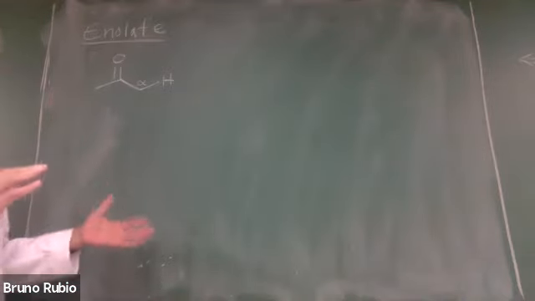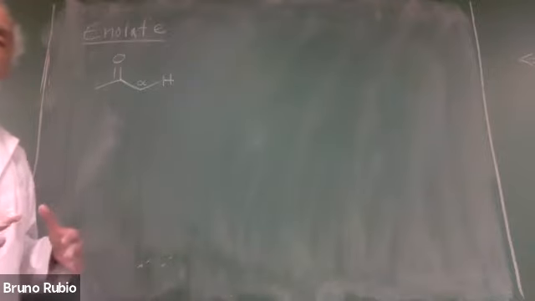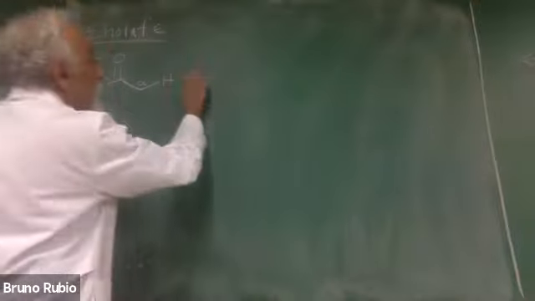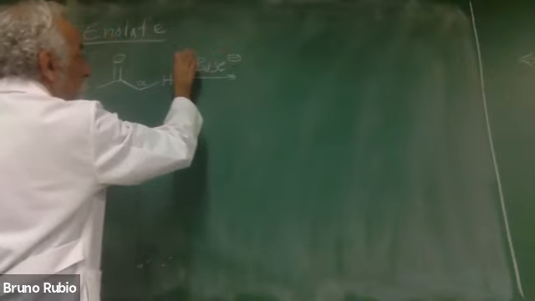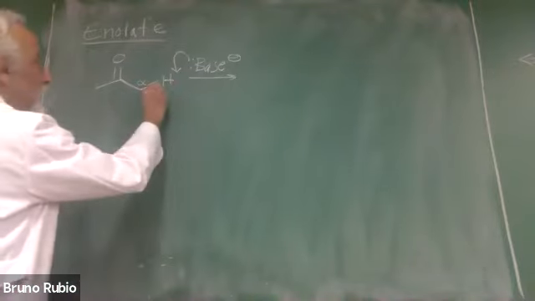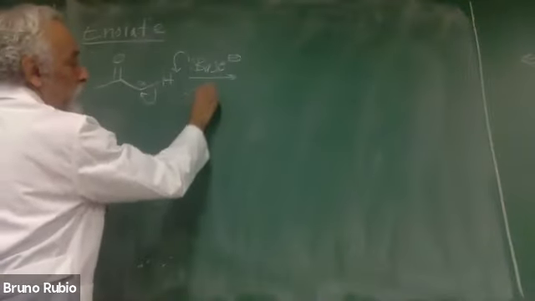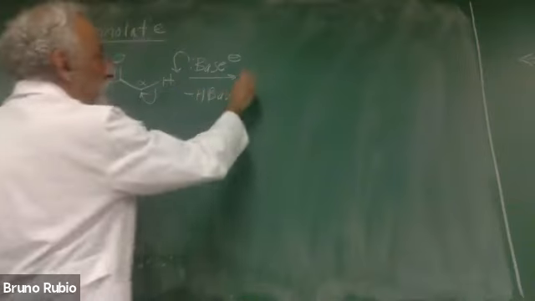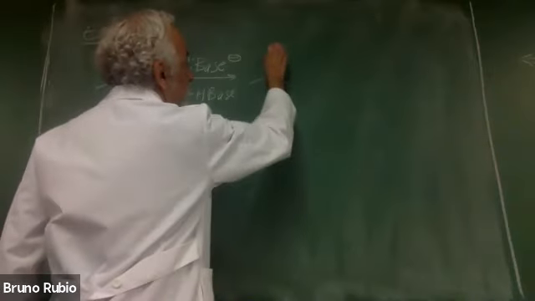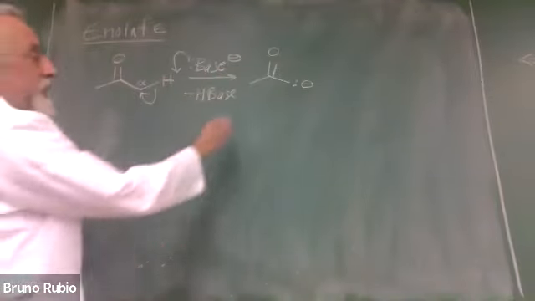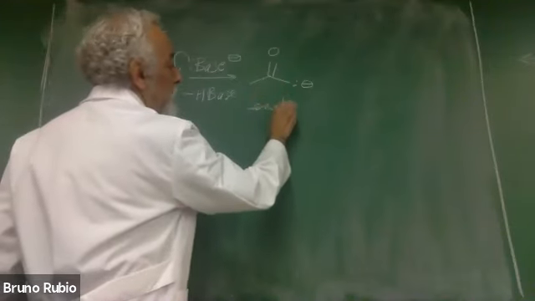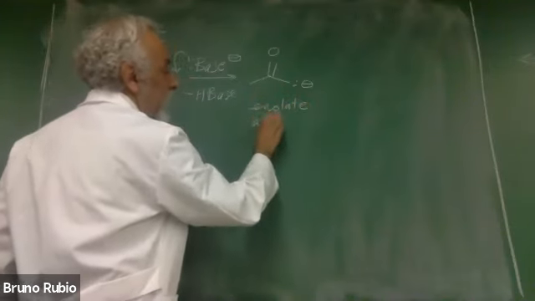And this proton is moderately acidic and it can be removed by a base. So a base comes in, removes the proton, which is bonded to the alpha carbon. Remember, the alpha carbon is the carbon next to the carbonyl carbon. And so the base has removed the proton, and what we're left with is a dot dot minus on the alpha carbon. Okay, this is the enolate. The enolate anion. It's a nucleophile.